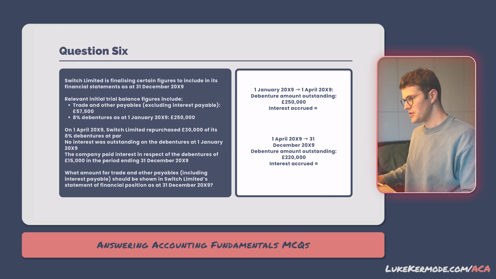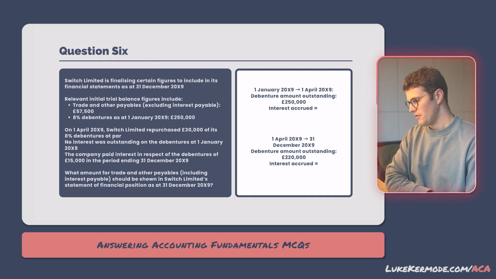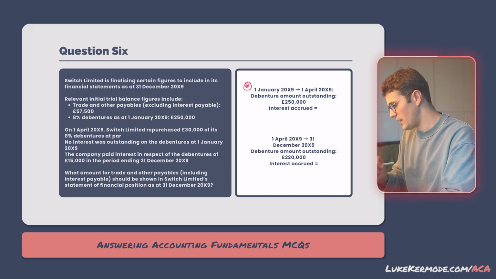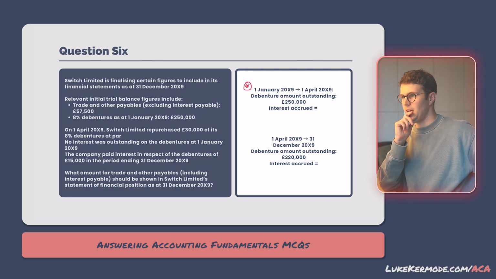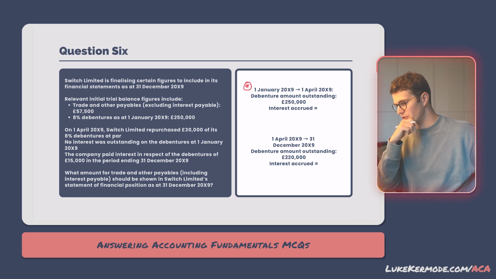So to answer this, let's start with the debentures. So at the beginning of the year, for the period 1st of January 20x9 to 1st of April 20x9, we'd know that the company had the full £250,000 debenture amount outstanding.